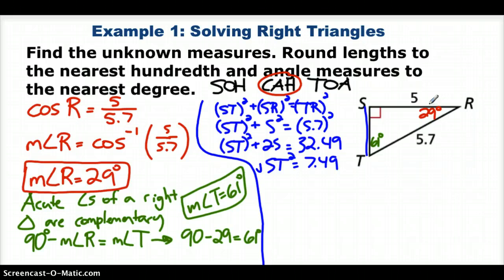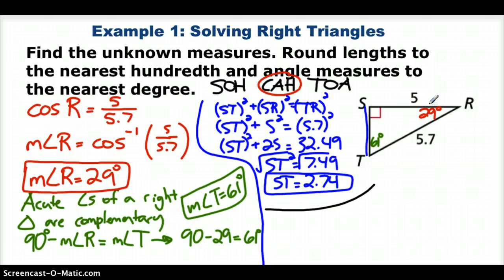And then if I take the square root of both sides, only taking into account the positive value here, I end up getting 2.74 by rounding. And that is my measurement of ST. So technically at this point we have solved everything that they wanted us to solve.